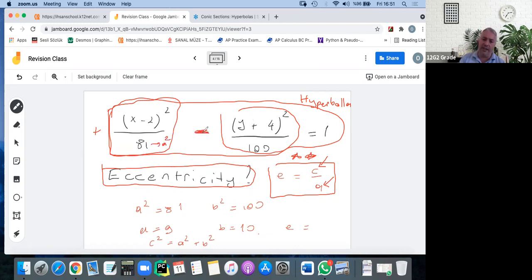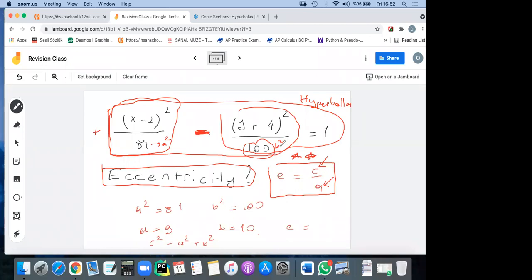Where you have the negative term, the denominator is called B squared. This is the definition we should know. Is this okay, first of all? Yes, sir.